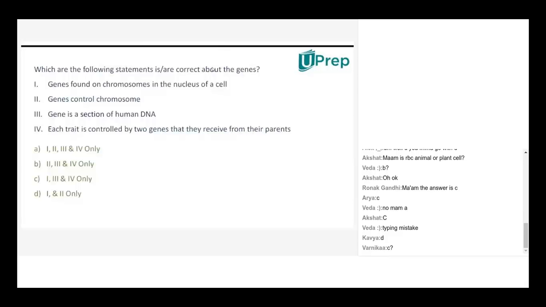Read the first statement. Genes are found on chromosomes in the nucleus of a cell. So here the question is about the correct statement about genes, isn't it? Now chromosomes will be in the nucleus. So obviously, even if you don't know anything about genes, the first Roman statement is correct. So 1 is there. And coming to the second, genes control chromosome. Okay, so here maybe a few of you students got a dilemma. Of course, genes control chromosome, isn't it?